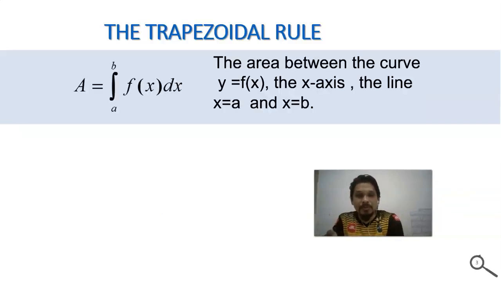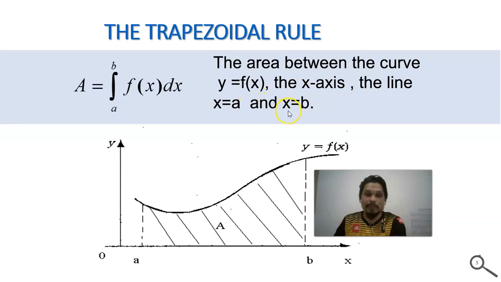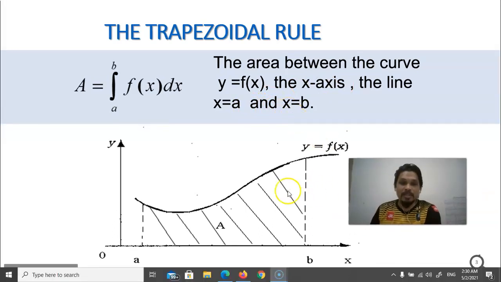So for the trapezoidal rule, if we integrate a function f(x) dx from x equal to a until x equal to b, then the area is between the curve y equal to f(x), the x-axis, and the lines x equal to a and x equal to b. This is a graph that we have seen before in the chapter on integration, especially to find the area under the curve.